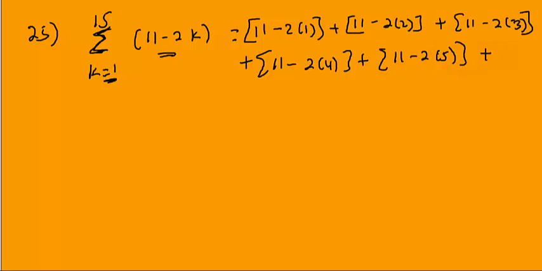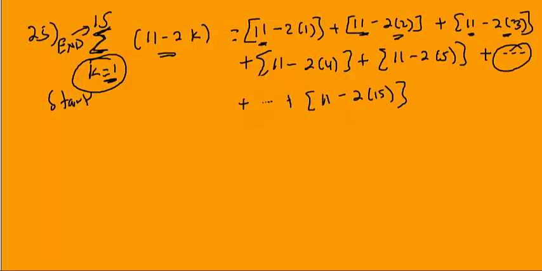They want you to keep doing that until you get the very last term, 11 minus 2 times 15, and add them all up.